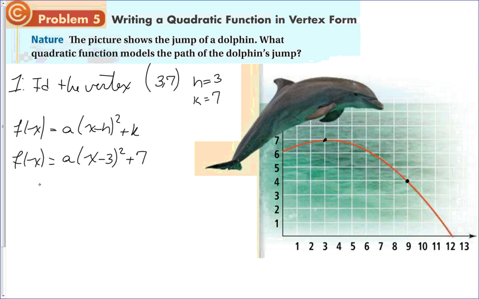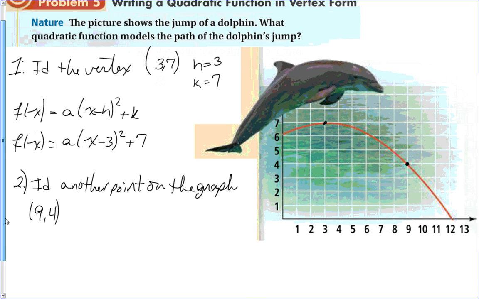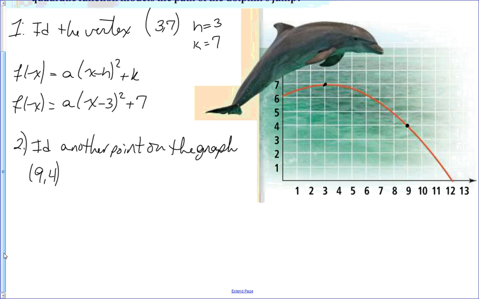So step 2, you identify another point on the graph, and we found that (9, 4) is another point on the graph.